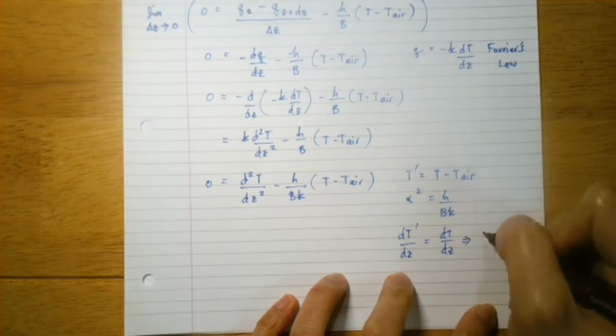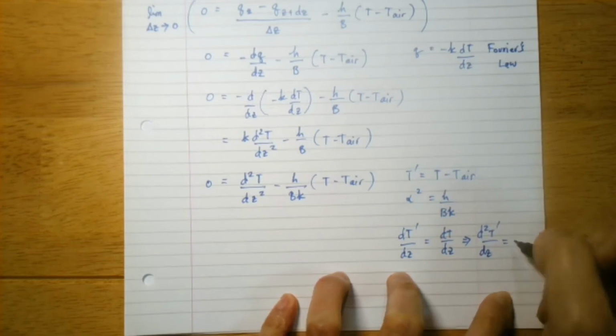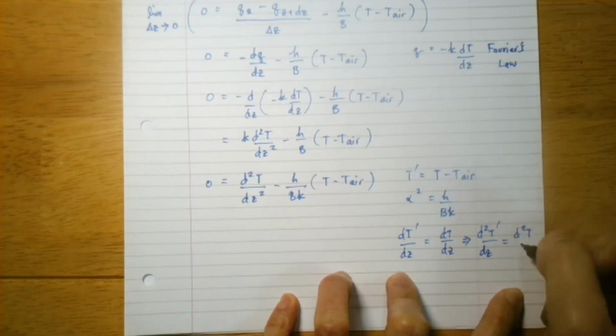And then the second derivative of T prime is just the second derivative of T with respect to z.